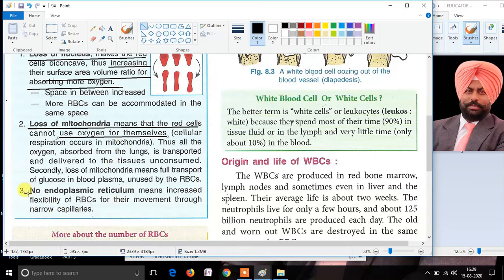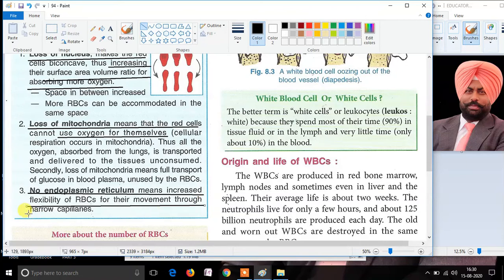The third thing to remember is red blood cells also don't carry endoplasmic reticulum. The endoplasmic reticulum organelle makes the structure hard.